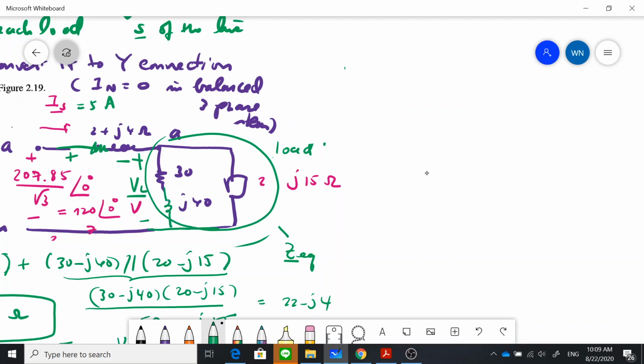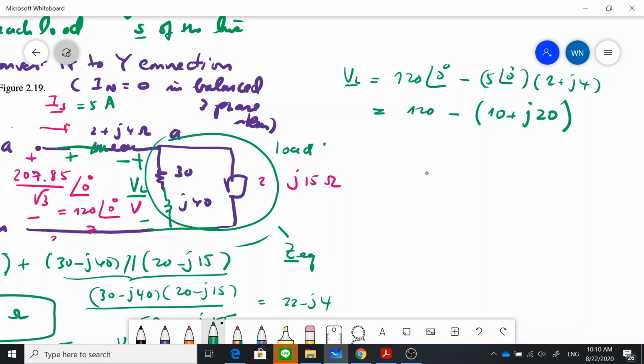Okay, so your VL here is what? It is 120 angle of 0 minus 5 angle of 0, this is I times Z, which is 2 plus J4. Right, let's do it quickly, because this is 120 minus 5 times 2, this becomes 10, right? 5 times J4, this is J20, right?